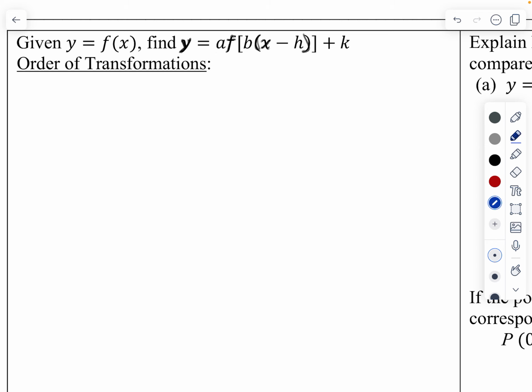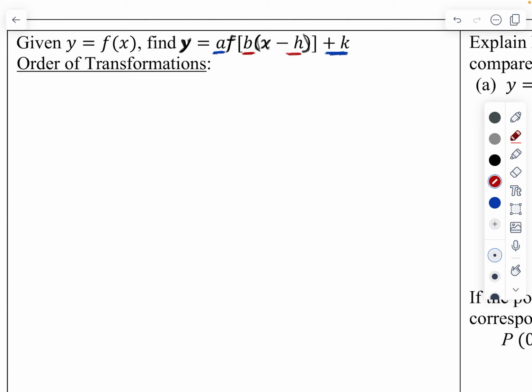And we're going to talk about what a and k, which are outside of the parentheses, not affecting the x part, are affecting the y part of the function. We're going to talk about what those do to a point on the graph. And then we're going to look inside the brackets slash parentheses with the x and talk about how those numbers horizontally move a point on a function.